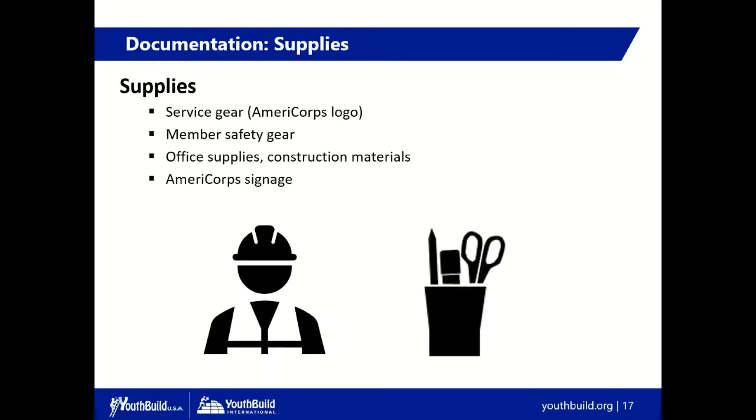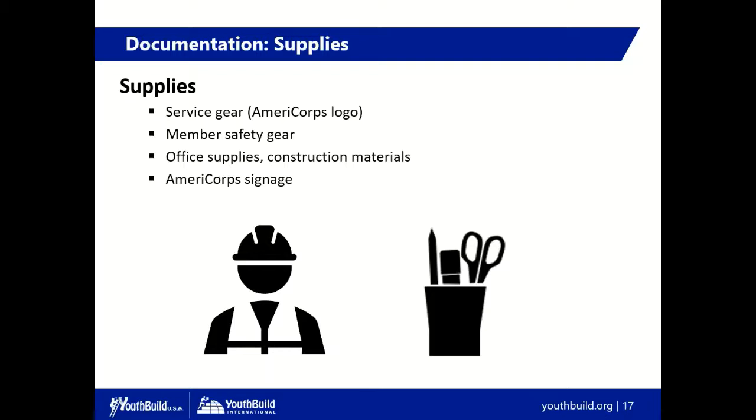For supplies, the most common requests we get are service gear, office supplies, and AmeriCorps signage. The important thing here is that if you are submitting a request for office supplies, you need to ensure the costs are properly allocated based on your cost allocation plan.